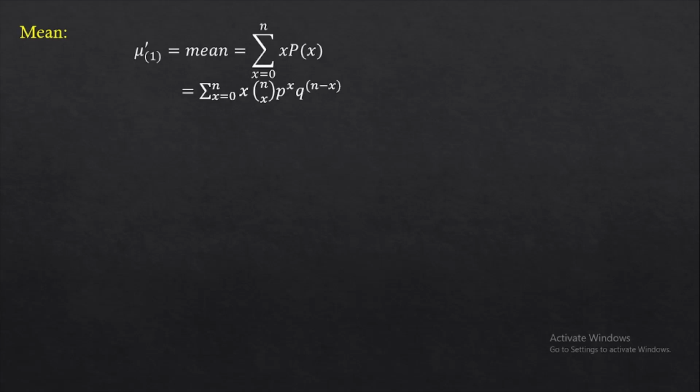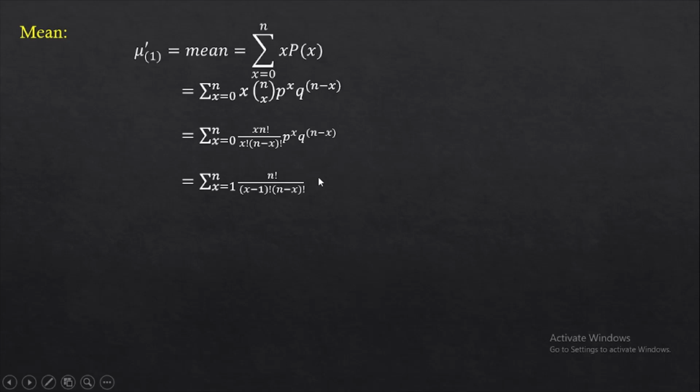We have the PMF, nCx p^x q^(n-x). Let's substitute into summation x times P(x). So x into nCx, we can write nCx as n factorial upon x factorial into n minus x factorial. The rest, p^x q^(n-x), is as it is, and we can split the term so that some terms get cancelled. n factorial stays as it is, and we can write x factorial as x into x minus 1 factorial.